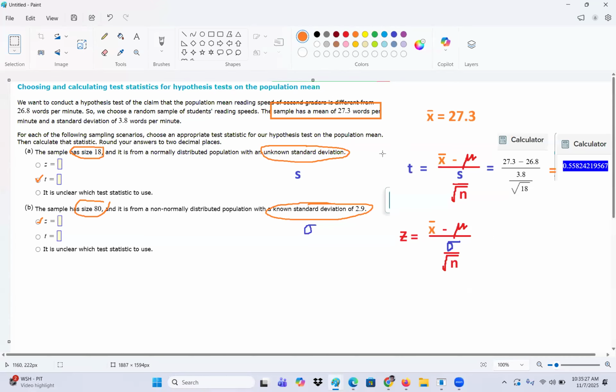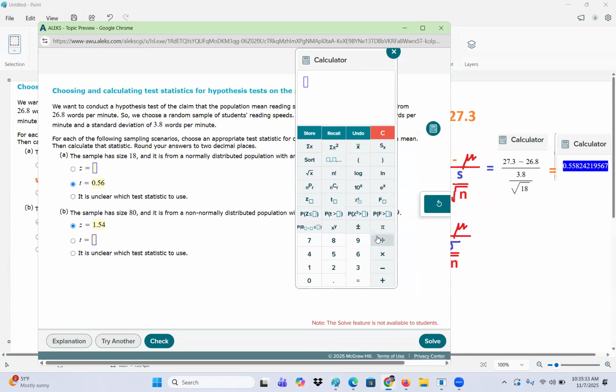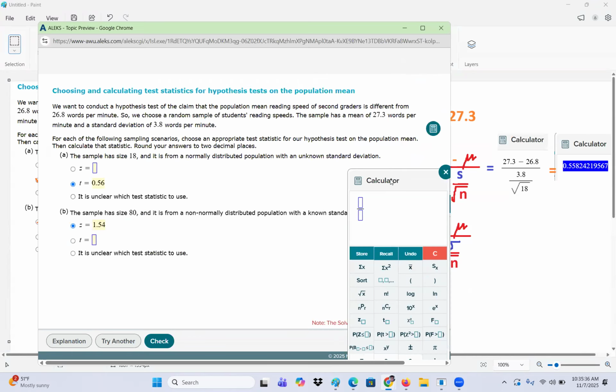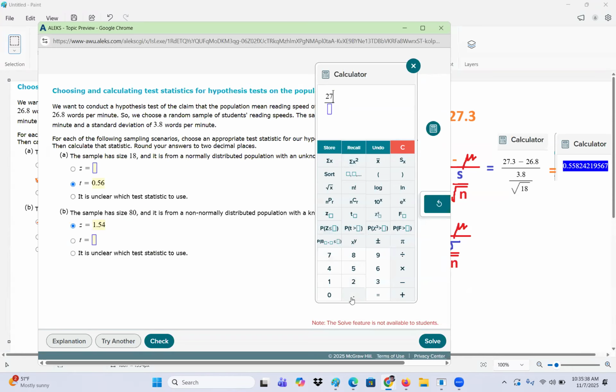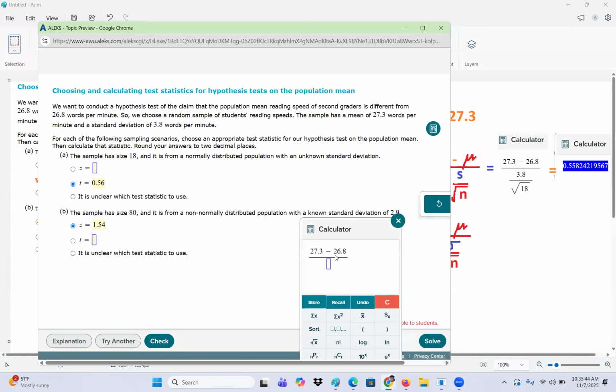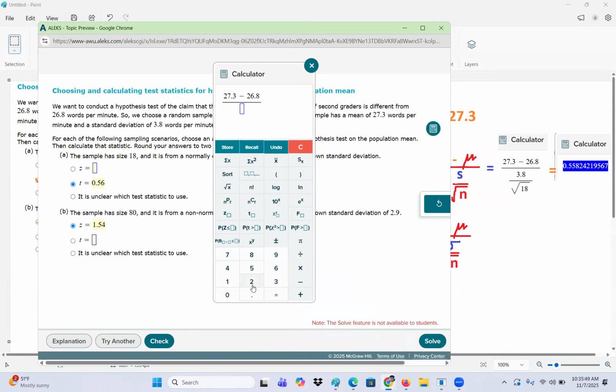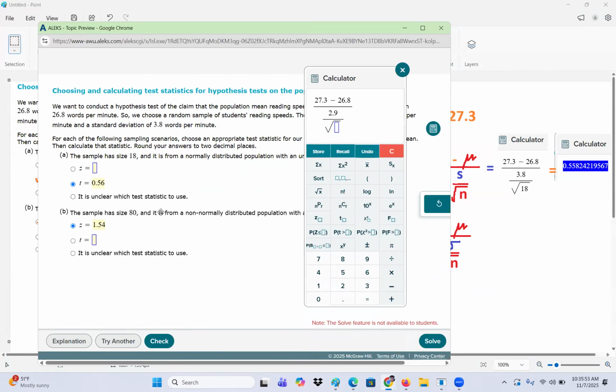So we just use a calculator. First you have to hit divide, and we take 27.3 minus 26.8. Since the question does not give us the population standard deviation, but it does give us 2.9, over the square root of the sample size equal to 80, and then you're going to get the answer.